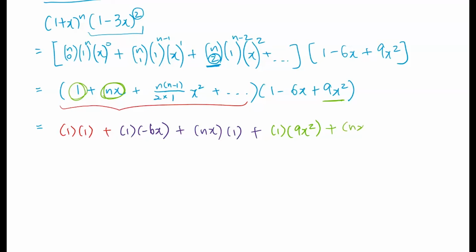So it's nx times negative 6x. And finally, I look at this one and I have to pair it with the constant term. So that will be plus n minus 1 over 2, this one times 1, okay, plus dot dot dot.